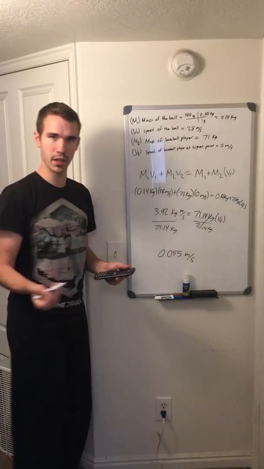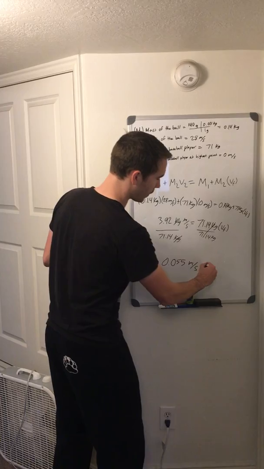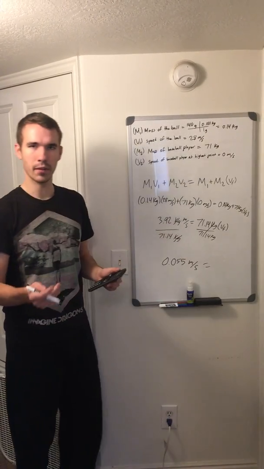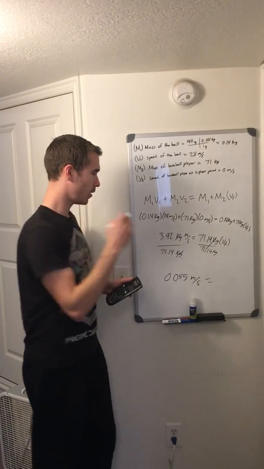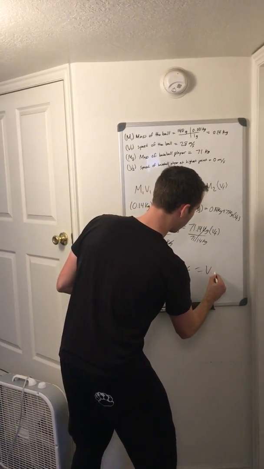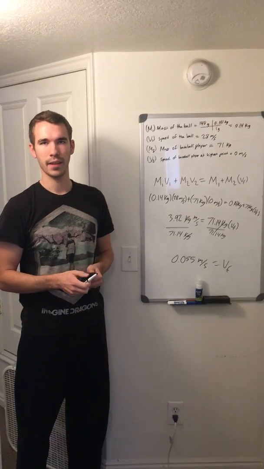And the reason why we get meters per second is because the kilograms here would cancel out. So our final velocity, or the speed of the player after he stops the ball, will be 0.055 meters per second. And that's how you do this problem.